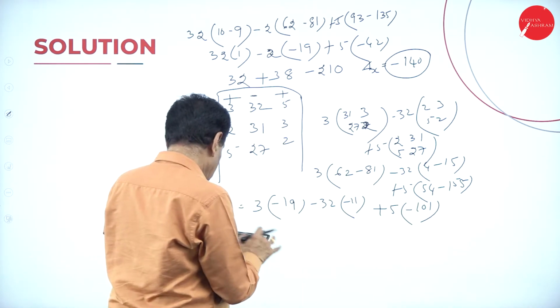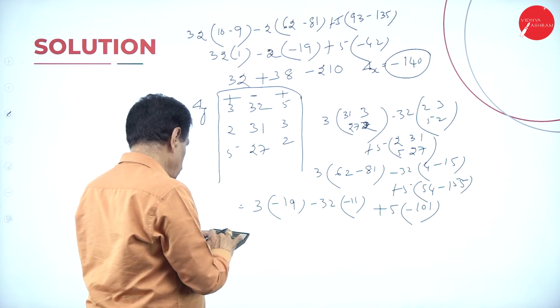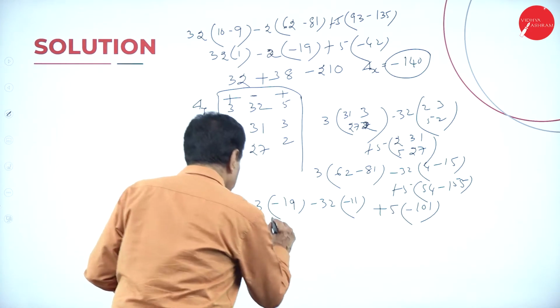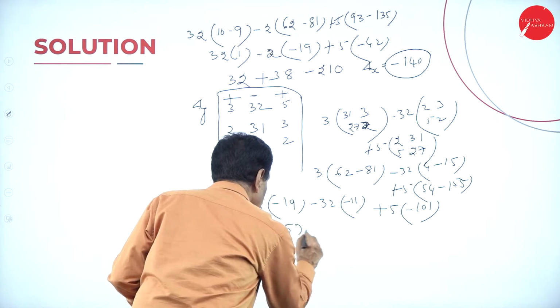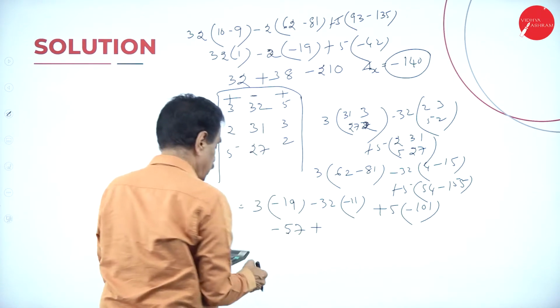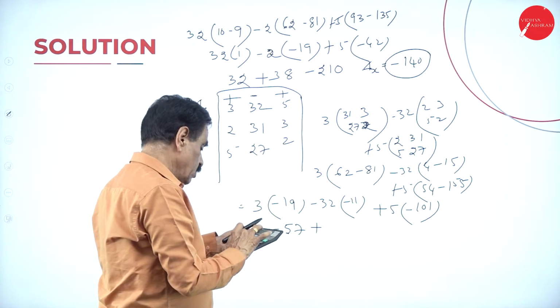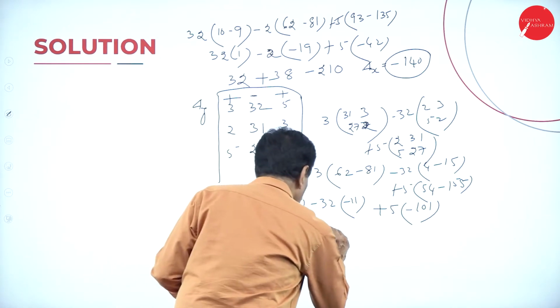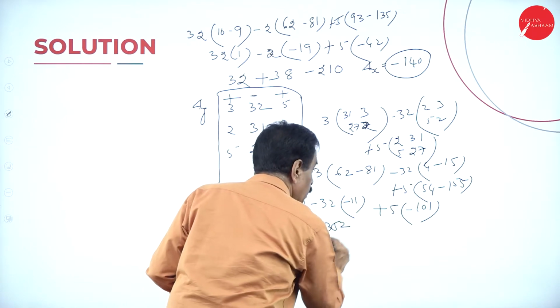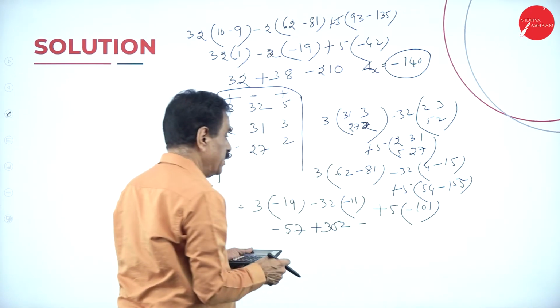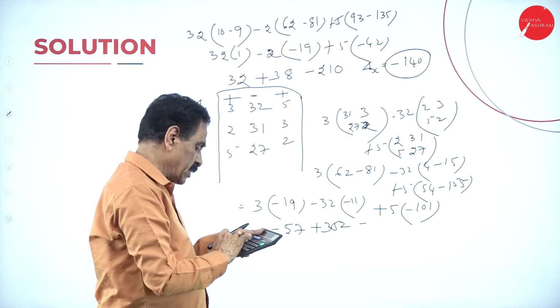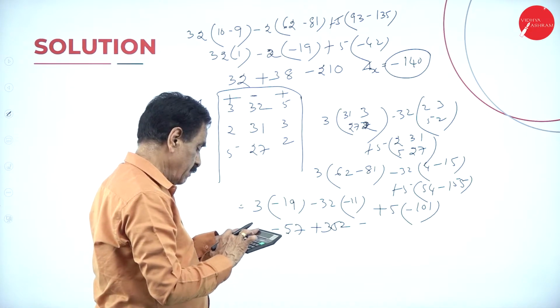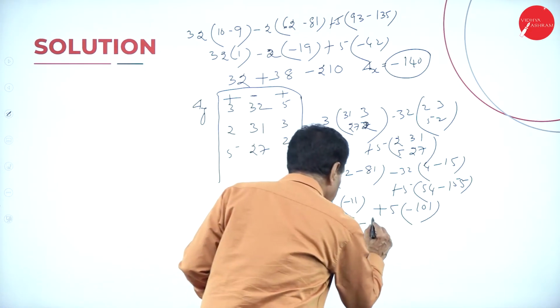So 19 into 3, minus 57, minus into minus plus, 32 into 11, 352, plus into minus, minus 101 into 5, 505.